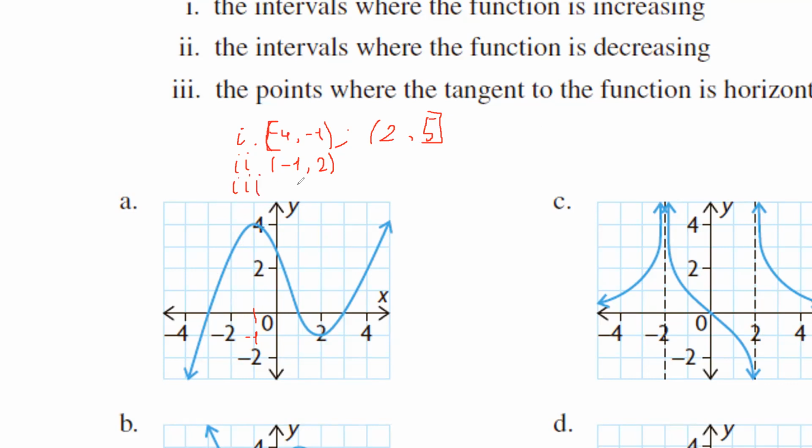So what about the third question? What are the points when the tangent is horizontal? What are the coordinates of such points?